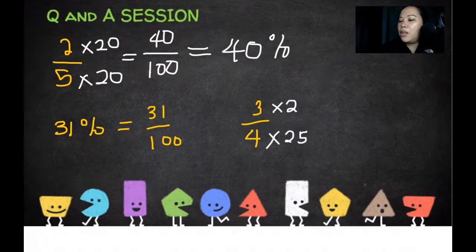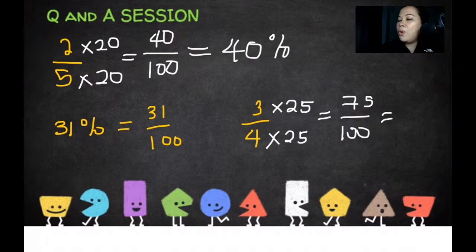Both should be multiplied, not only one. So 3 times 25 is 75, and 4 times 25 is 100. Therefore, 3/4 is actually 75%.